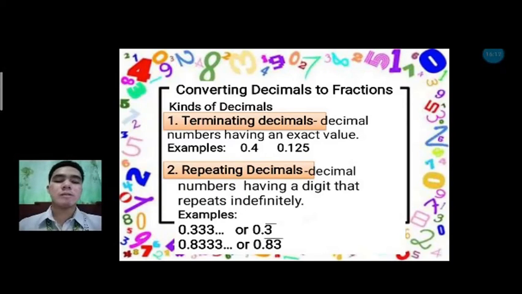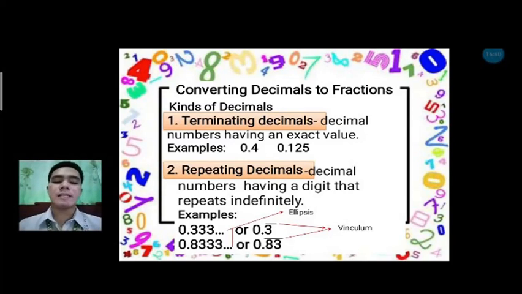As you can see, those three dots are called ellipses. It means that the digit before it is being repeated. Then the bar at the top is called, as I said earlier, vinculum. It means that the digit below it is being repeated, that is the repeating digit.